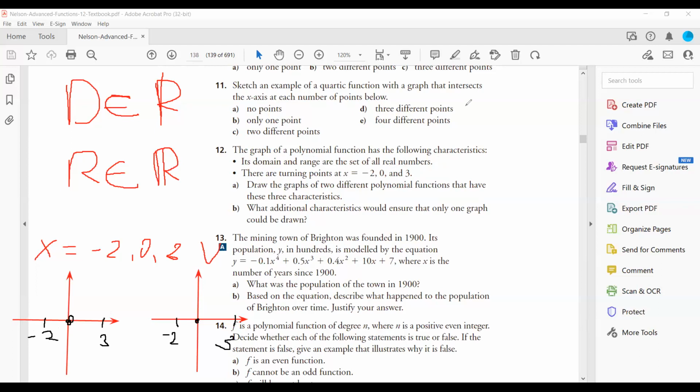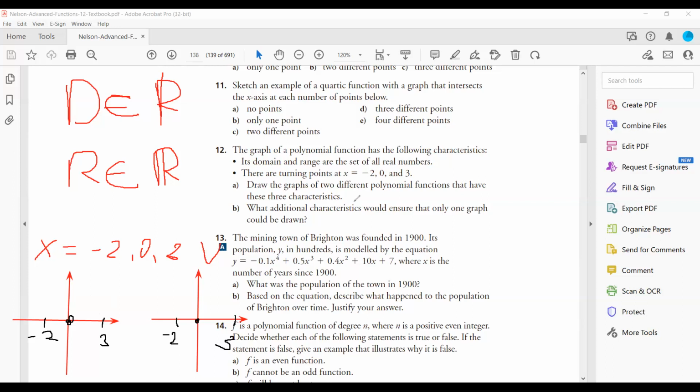So it means there are no limits in the x or y axis. So I can make a statement that my polynomial function will be an even degree, or sorry, it would be an odd degree because it's not limited to a certain range. Am I correct?